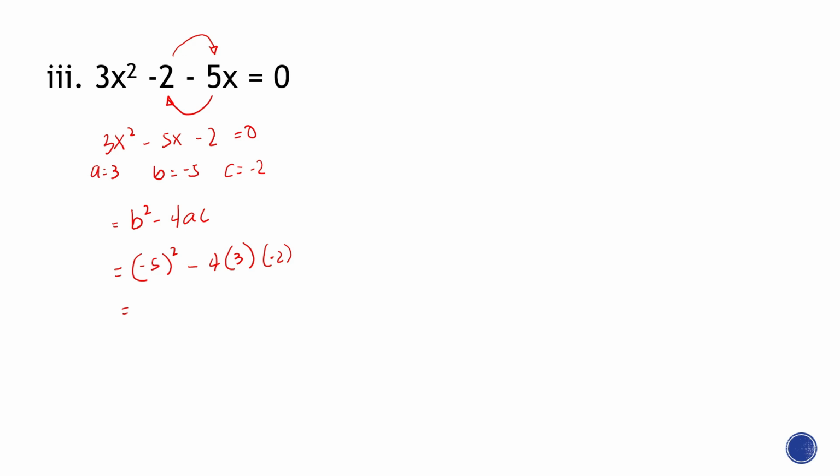Alright, -5 squared, that's 25. -4 times 3 is -12, times -2 is positive 24. We add these two, the answer is 49. That's the value of the discriminant, and we all know it's positive, and the square root of 49 is 7. So which means the nature of the roots will be two distinct rational roots.